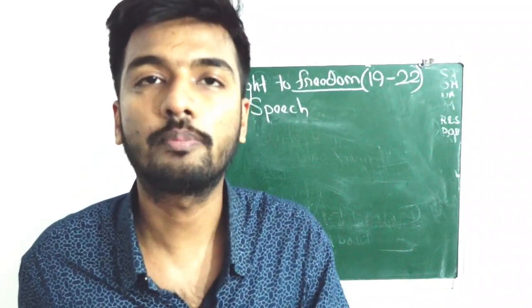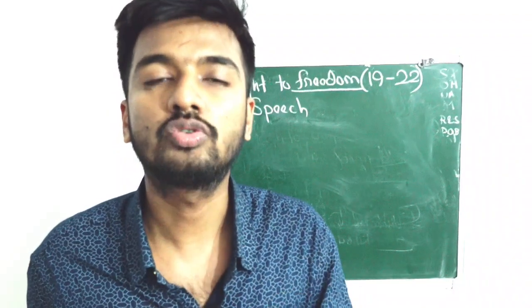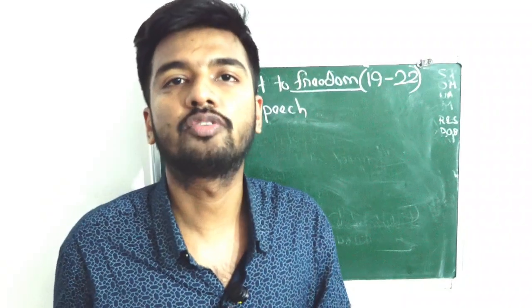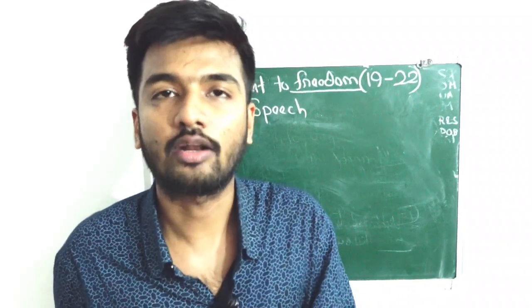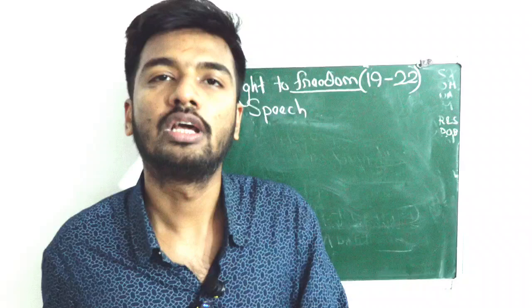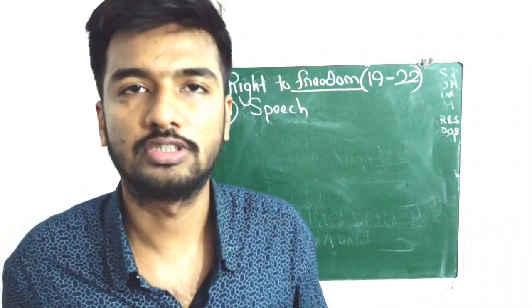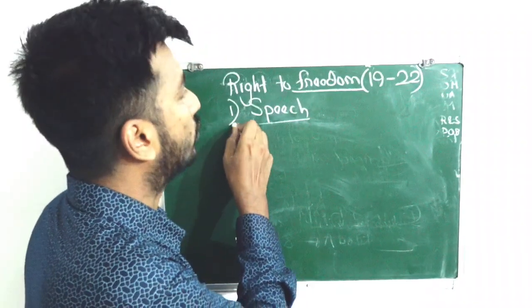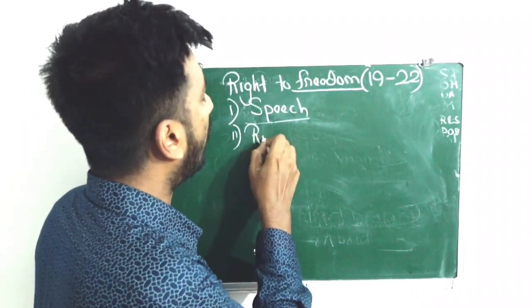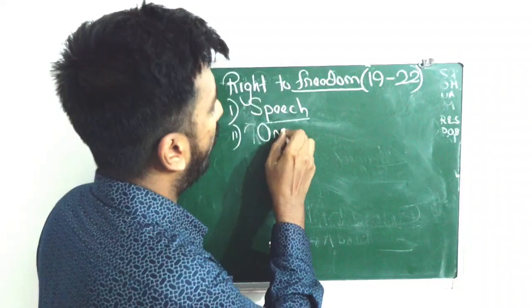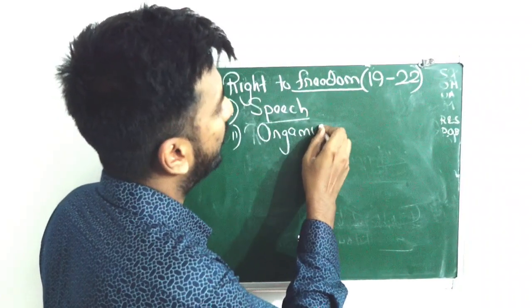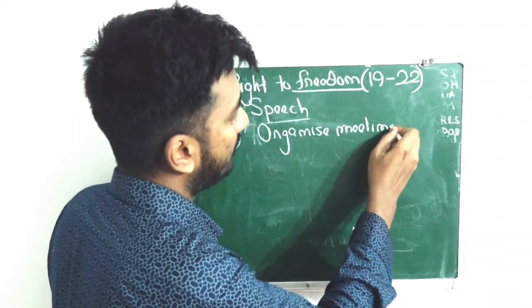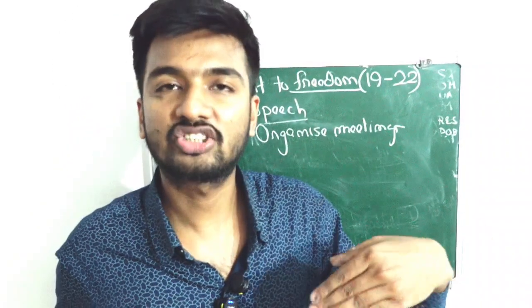Those speeches should not be controversial. They should not create disharmony between two communities. It cannot cause a conflict between two communities like Hindu and Muslim. Number 2 is right to organize meetings. You can call a strike.